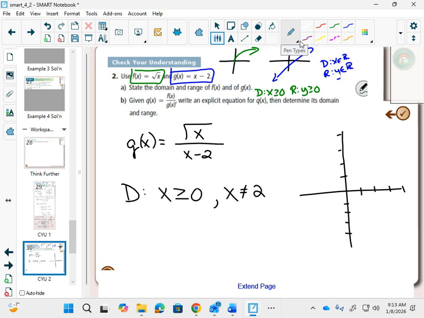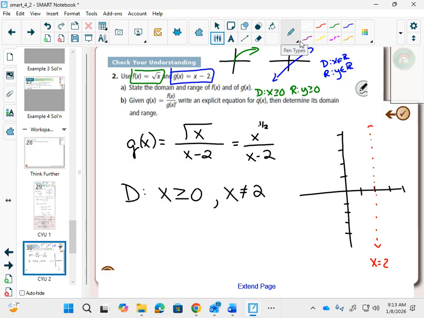Well, x can't equal 2. That doesn't go away. That's going to be a vertical asymptote. A square root can be written as x to the half.